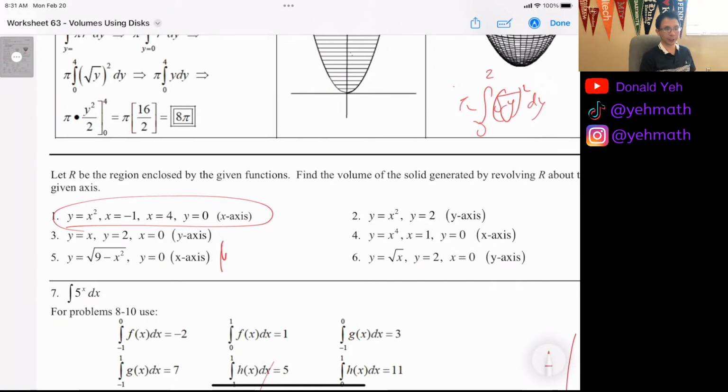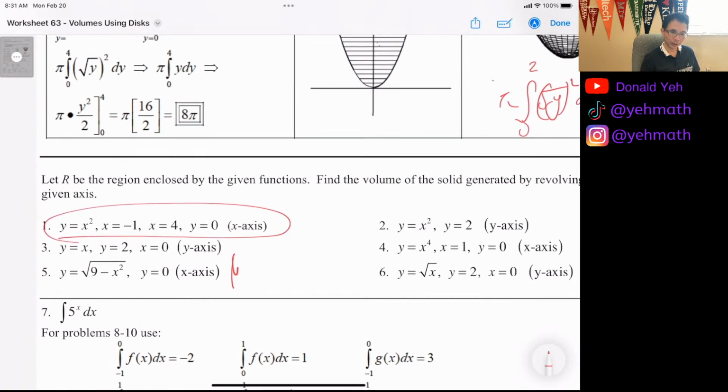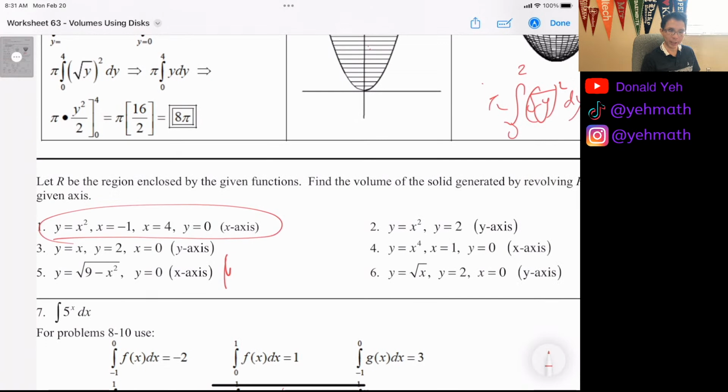This is part of homework, yes. Number 2 and number 3. It says y equal to x squared, y equal to 2, and they rotate around the y-axis. The y-axis this time. Why do we teach the y perspective? The boundary has to switch as well.